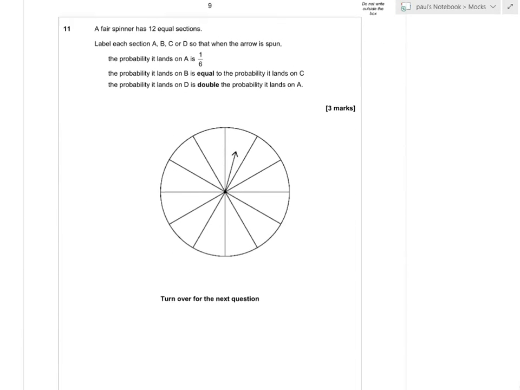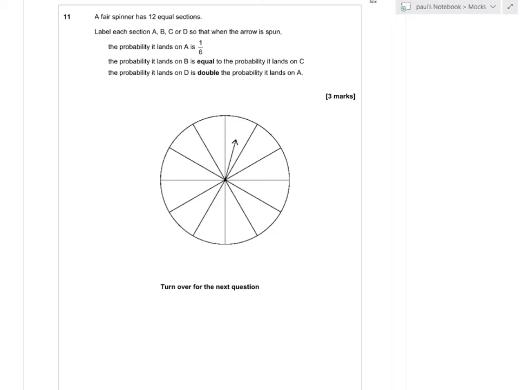A fair spinner has 12 sections. Label each section A, B, C, or D, so that when the arrow is spun, the probability it lands on A is a sixth. So there's 12 sections, so if it's going to land on A, 2 of them are A, and it'd be 1 out of 6.